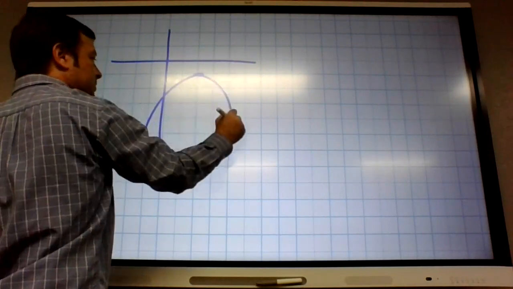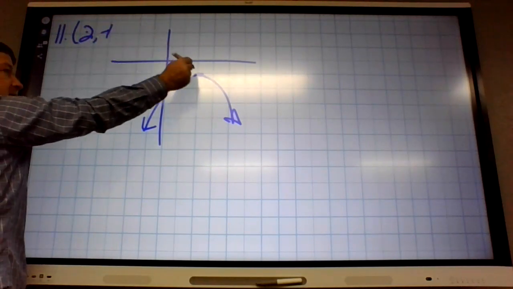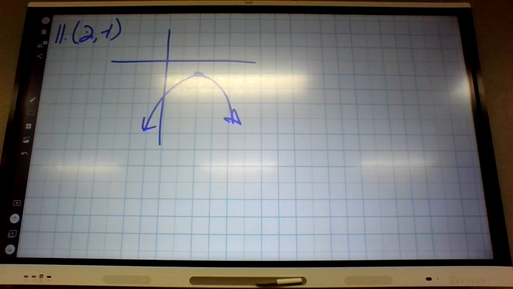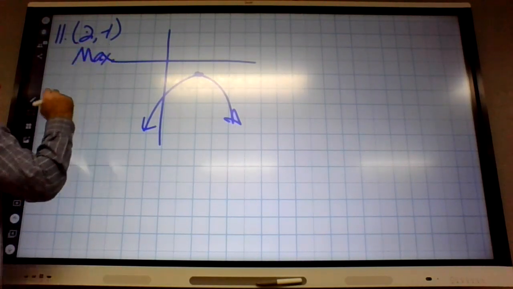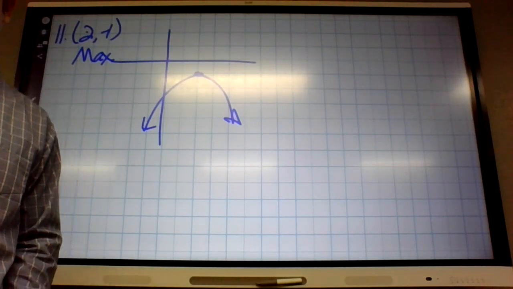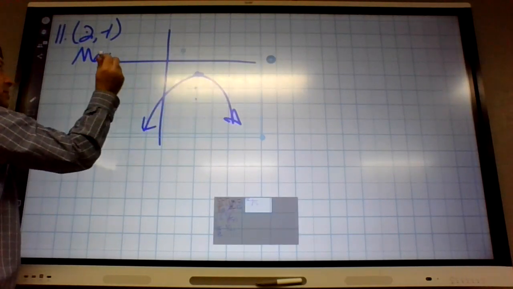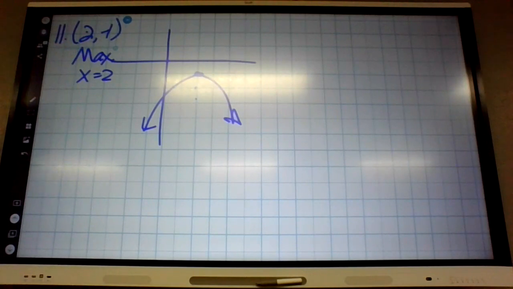Looks like that, and it goes down. Vertex is at 2, -1 right there. Is it a minimum or maximum point? Maximum, it is at the top. What is the axis of symmetry? X equals 2. It matches the x coordinate of the vertex.